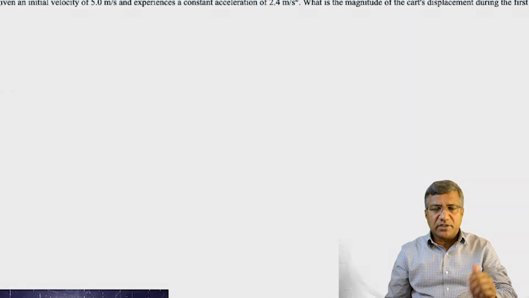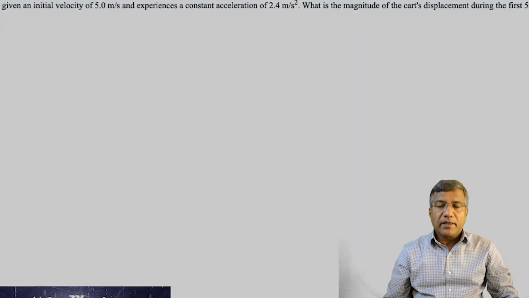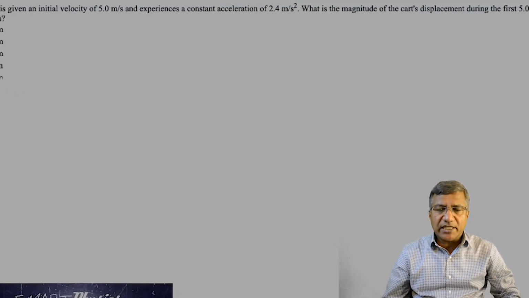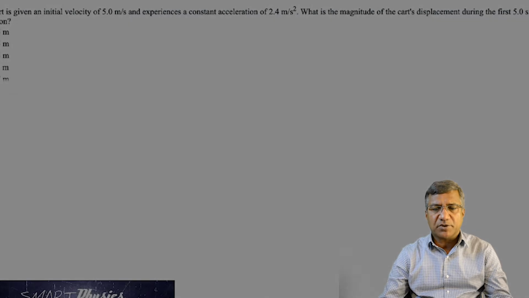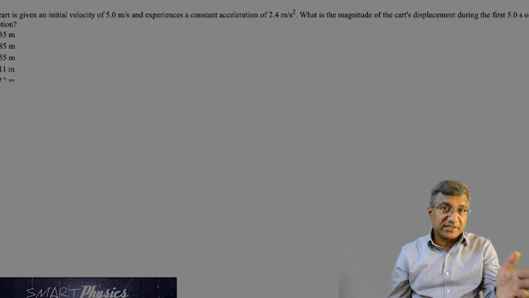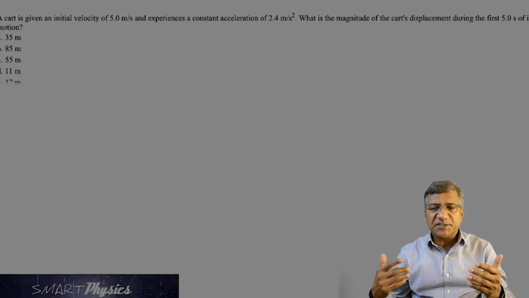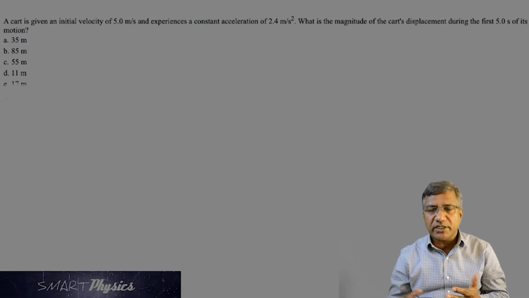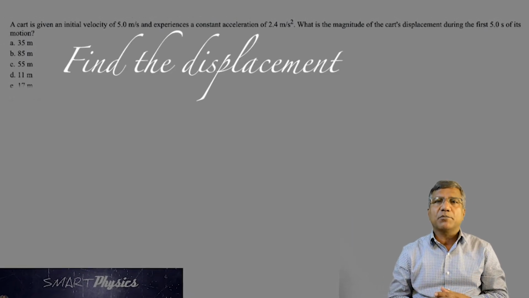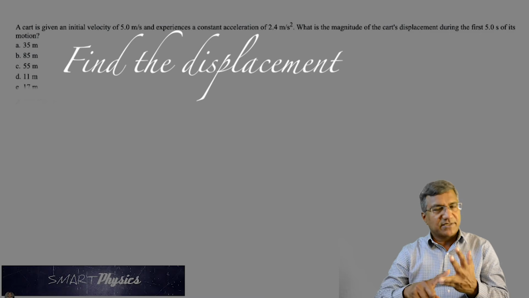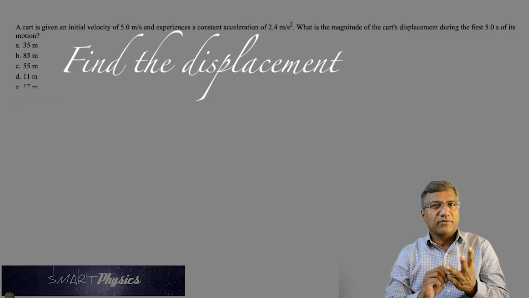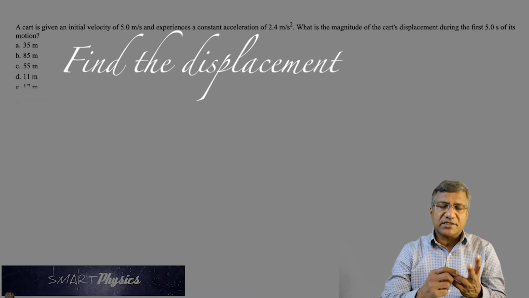And here now is the next question. A cart is given an initial velocity of 5 meter per second, so that's the initial velocity, and experiences a constant acceleration of 2.4 meter per second squared. So that's the acceleration.